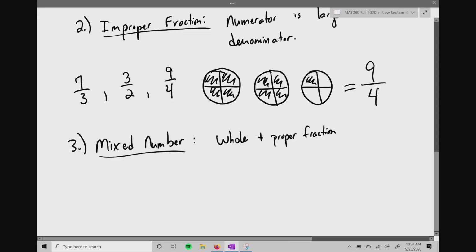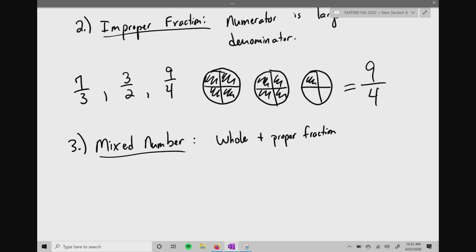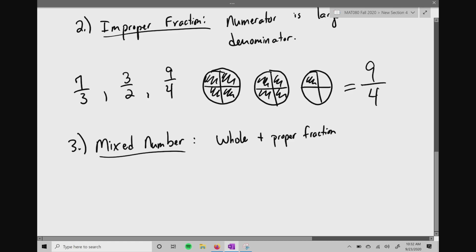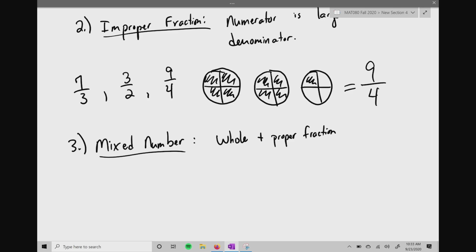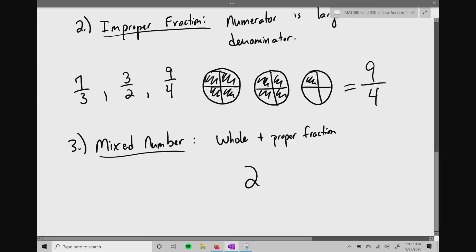Okay? So if you think about that, notice with the example above, the 9/4, if I just look at the picture that I drew, in that first pizza, although I have 4 slices, I have all 4 shaded, correct? So that would mean I have one entire pizza right there. Would you guys agree? Then in the second pizza, I also have all 4 shaded again. So that's another whole pizza. So far, how many whole pizzas do I have? 2 of them.